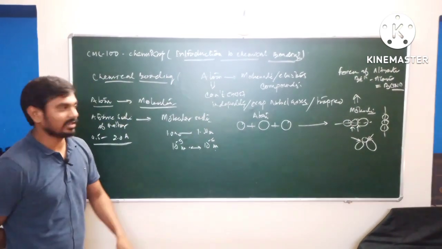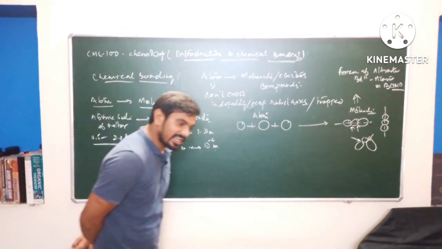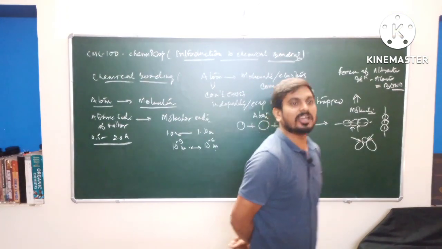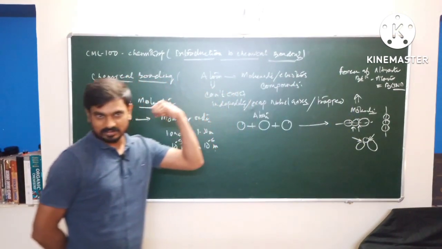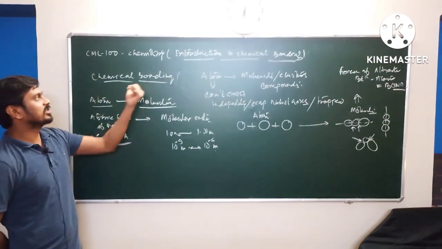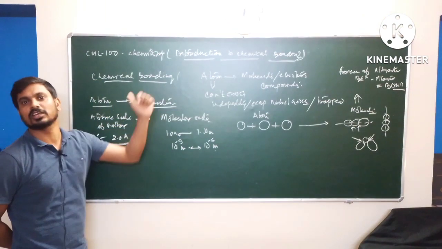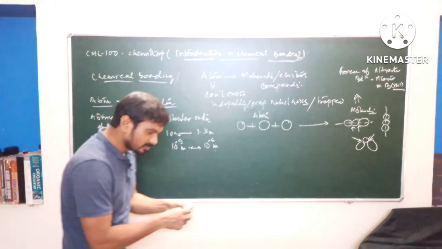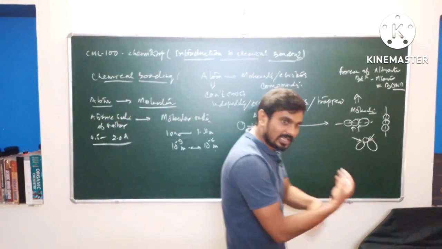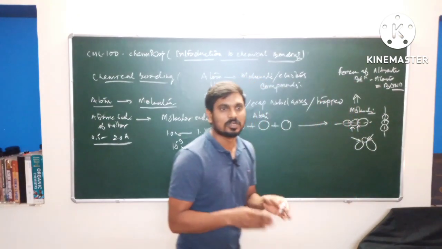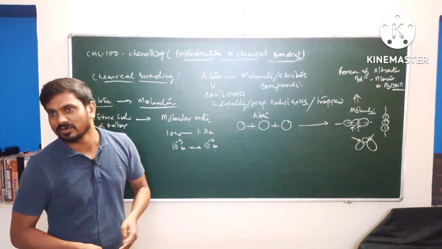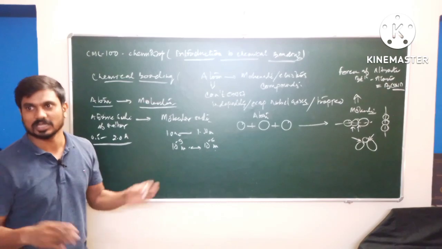In another way, we can put a picture of how an atom changes to a molecule, and a molecule of a fixed geometry and structure. This part of chemistry understanding is dealt with in a subject called chemical bonding. It means how an atom combines with the next atom, and if they combine, whether they have any specific choices or preferences to result in some specific form of molecules, shape of molecules, type of molecules.